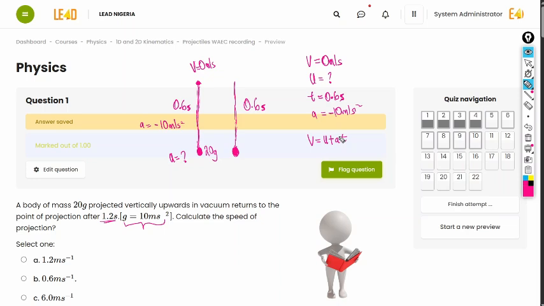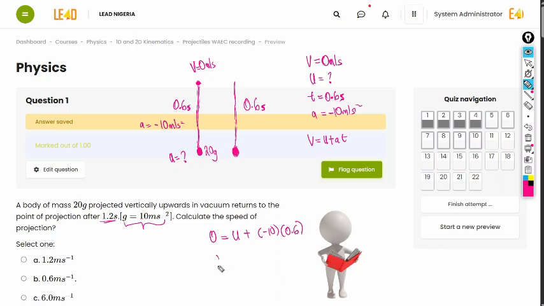Okay, so the one that has all of these variables is v is equal to u plus at. So we can just plug in. We'll have 0 is equal to u plus minus 10 times 0.6.